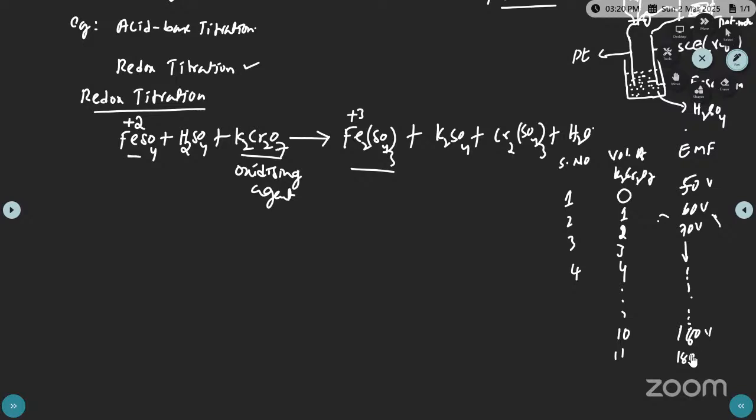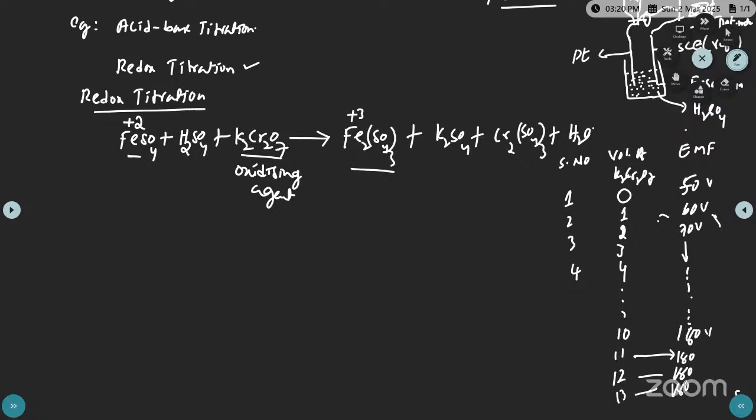So here, by adding the 11th ml, what is the value of EMF? 180. Adding the 12th ml, what is the value of EMF? 180. So what is the end point of this titration? 10. 10 is the end point of this titration. 11th ml, 12th ml, 13th ml, any ml we add, the EMF value is constant.